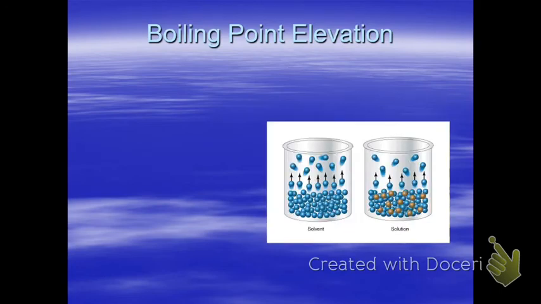Now, let's talk a little bit about why this happens. I think it's a little bit easier to understand in terms of why the boiling point goes up. What you have in front of you in this picture, what's on the left is a pure solvent. Let's say it's a container of water with a lid on it. So it's a closed container.